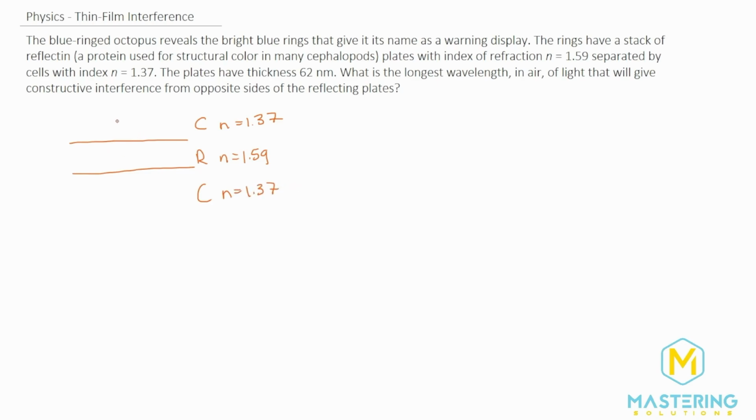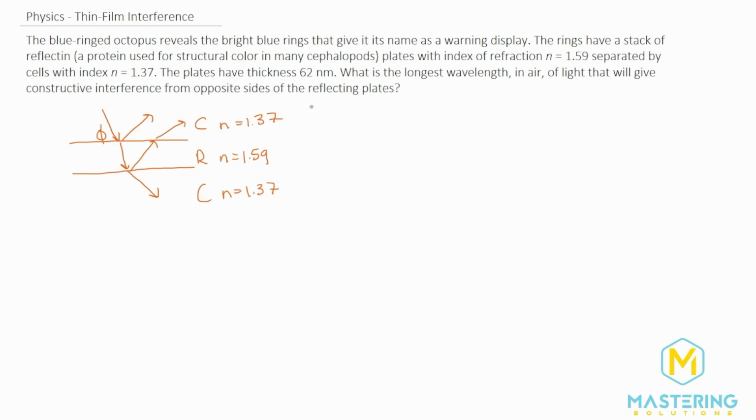So now when we draw the light coming through, we'll have from a low to a high, so we'll get a phase shift here, but now we're going from a high to a low, so we won't have a phase shift there. And then some of the light is reflected here, and like that.